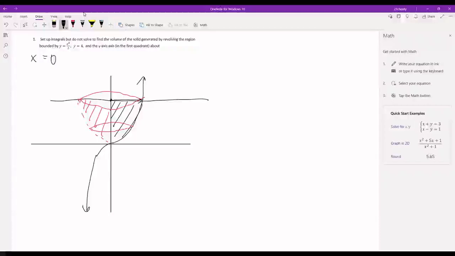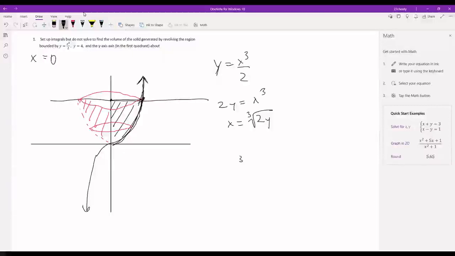So instead of y equals x cubed over 2, we say 2y equals x cubed and x equals the cube root of 2y. So that is this. These two are the same, and they're both referring to this part. And so that is our radius.